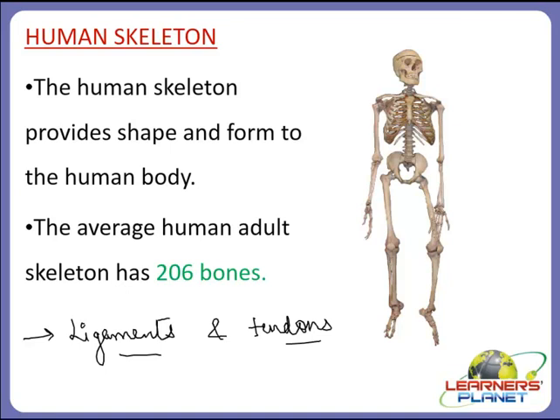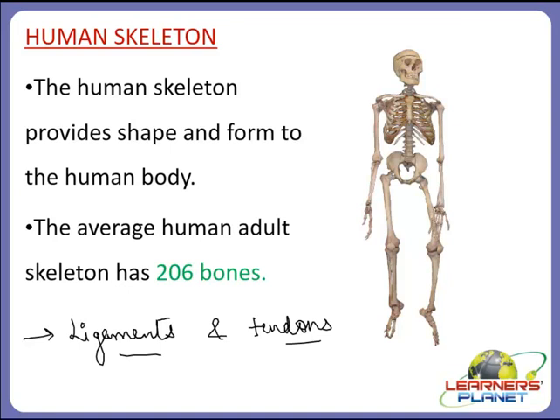So this is all about the human skeletal system which makes movement possible in human beings. The skeletal system is the system of bones and associated cartilages and joints of the human body, and together these structures form the human skeleton.